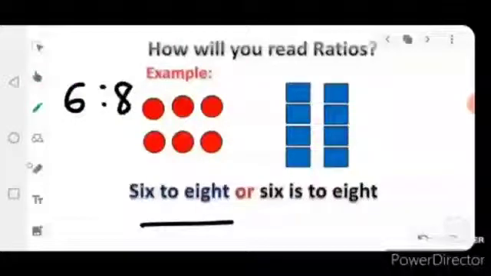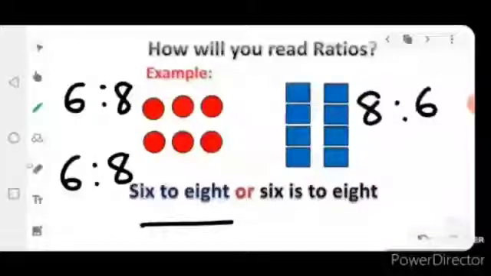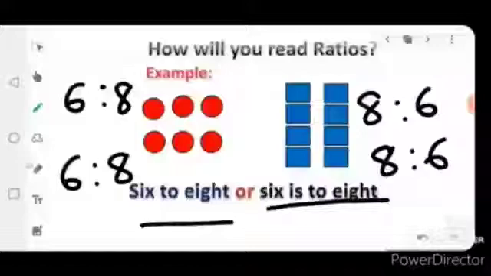The ratio of the red to the blue is 6:8, and the ratio of blue to red is 8:6. Or we can say the ratio of rectangle to circle is 8:6, and the ratio of circle to rectangle is 6:8.